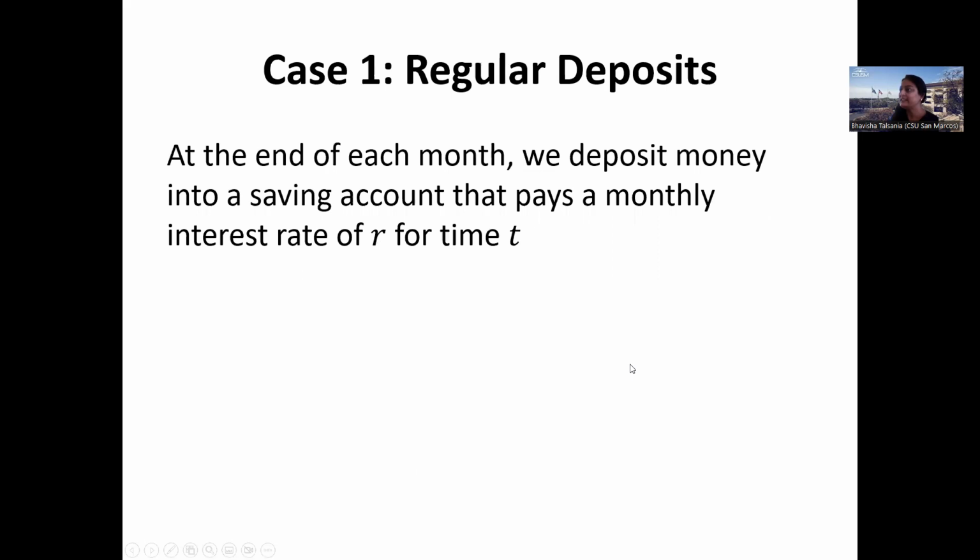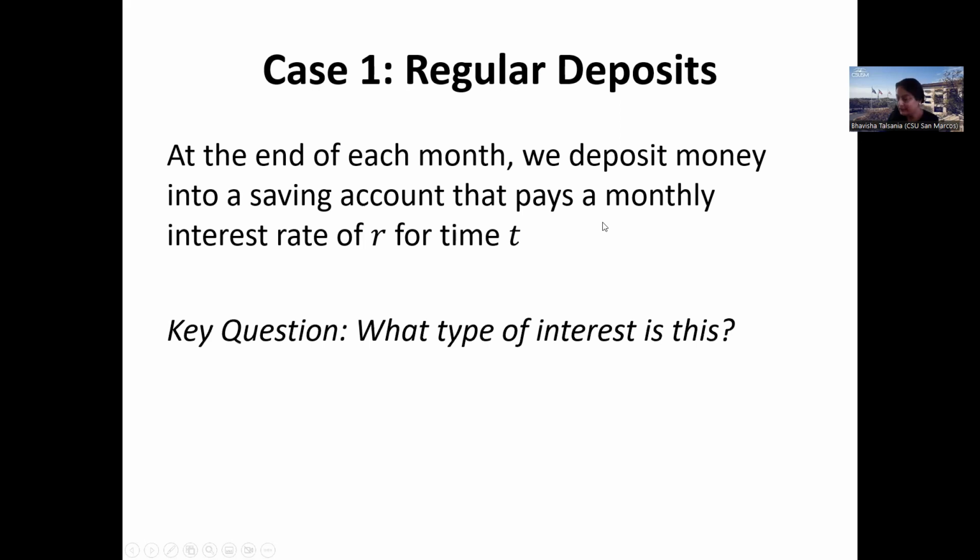We did mention this in class, but I'm just going to do it as an overview. Regular deposit is when, at the end of each month, we deposit money into a savings account that pays a monthly interest of R for some amount of time T. The key question was, what type of interest is this? And the answer is, of course, compound interest.